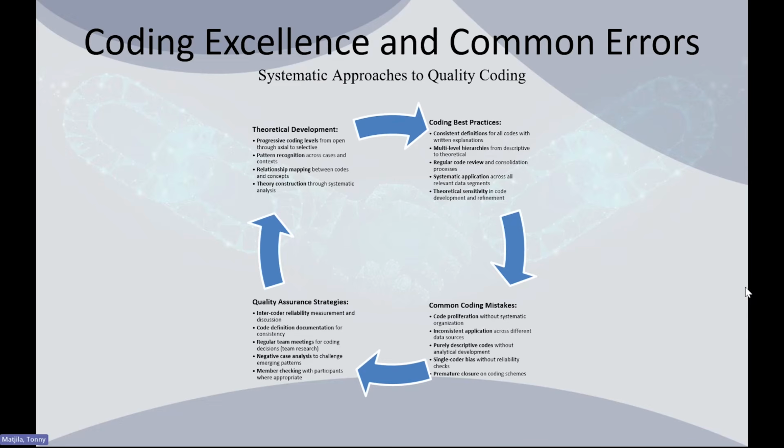So code proliferation is common. Students often, especially those who are starting, create hundreds of codes without organization. And it's common in those who are using the AI function. I'll also demonstrate it, because there are other tools in Atlas that you can use, like your conversational or intentional coding, which I think is better because you are at the forefront of driving this analysis.